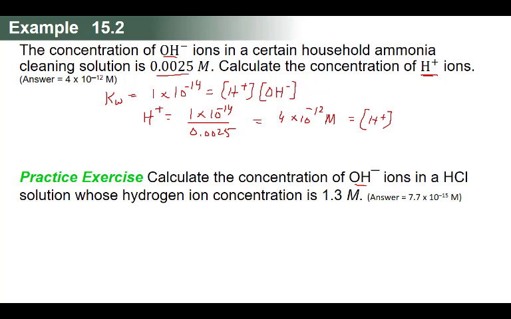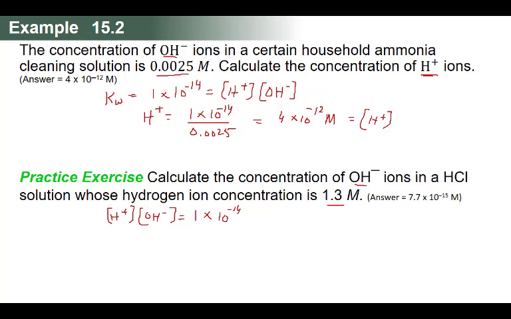Okay. Similarly here, calculate the concentration of OH. This time it is asking to calculate the OH and is giving you the HCl. HCl means this H ion concentration. So similarly we say here H plus multiplied by OH minus is equal to constant 1 into 10 raised to the power minus 14.